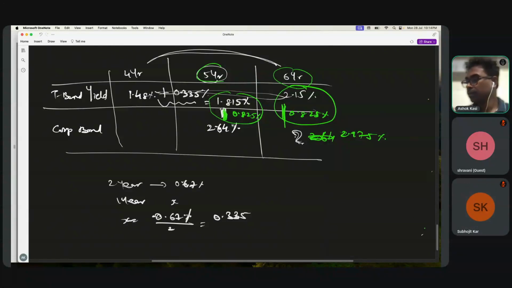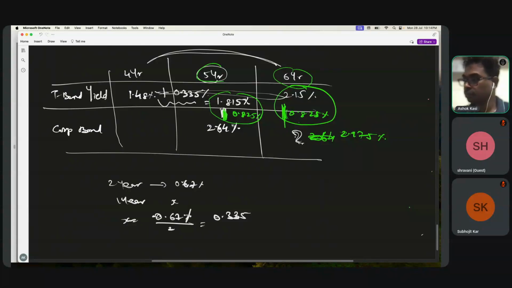But because proportionately that's how they have done it, it's fine. Ideally we would expect the yield spread to go up for longer years, but because we are just doing it proportionately, we are not increasing it.